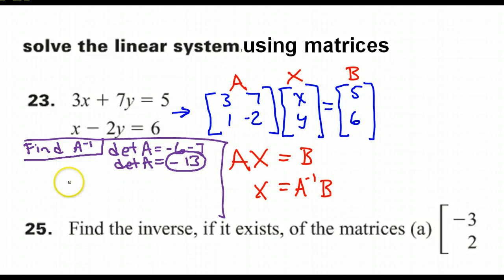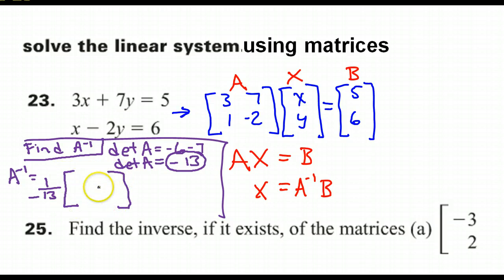Now, to find the inverse, I'm going to start by doing 1 over -13. Now here's where I reverse negate. When I talk about reverse negate, I'm doing the down diagonal and then the up diagonal.